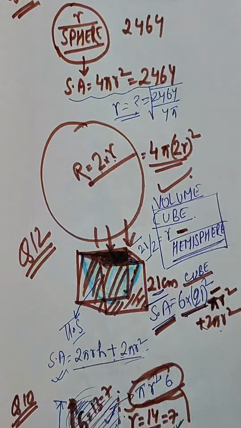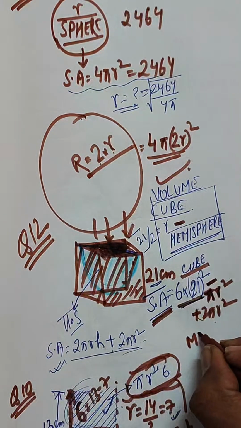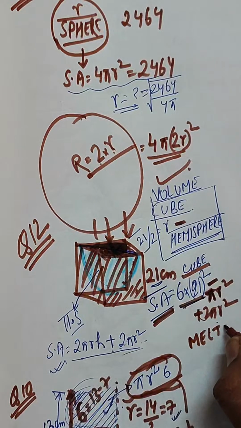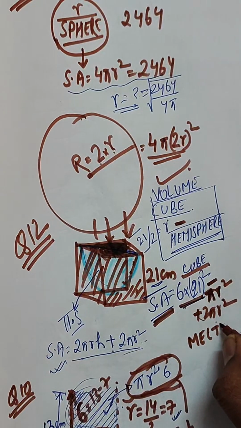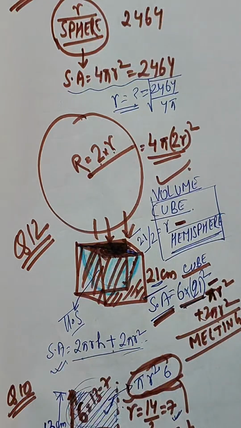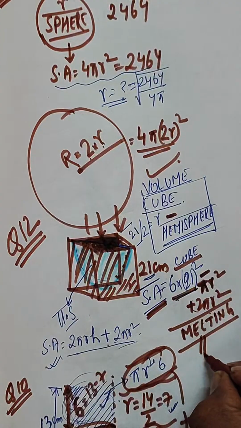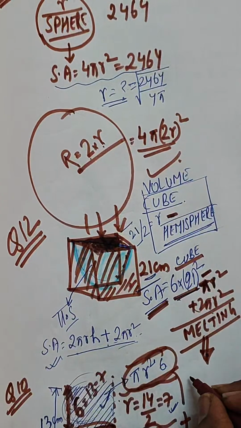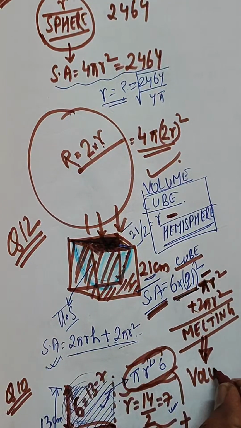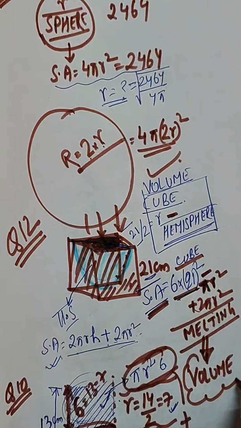When two solid figures are given to you and they are melted, mind it, whenever the condition of melting is given to you, it clearly shows that you need to consider the volume of that geometrical shape, whatever it be.